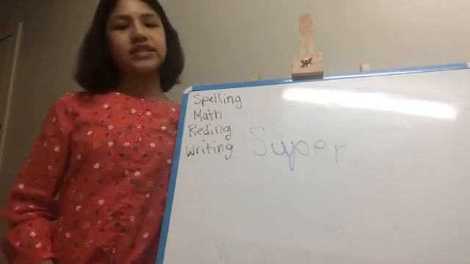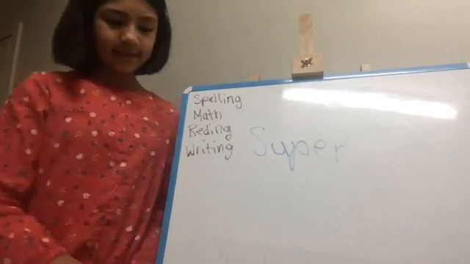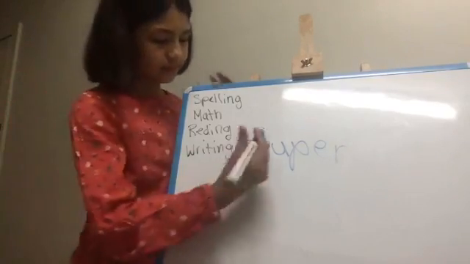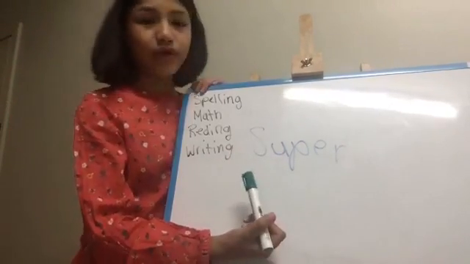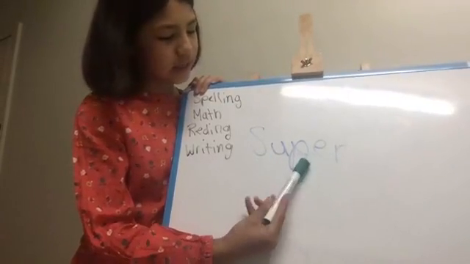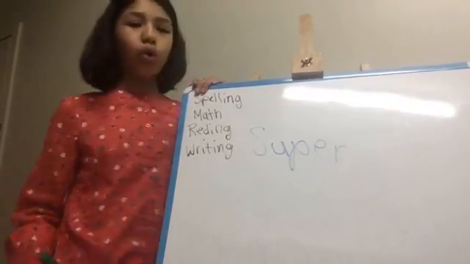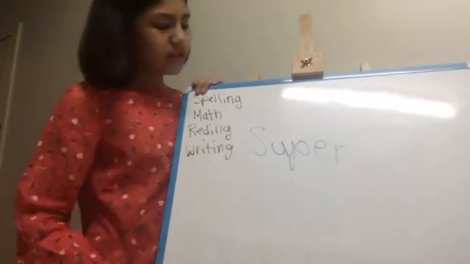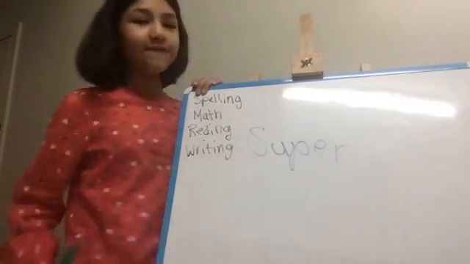Let's count the consonants and vowels. S is a consonant, P and R are also consonants, so that would make U and E vowels.